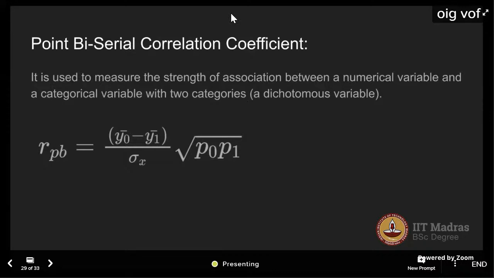Okay, take an example on this point biserial correlation. Suppose I have two car factories, factory A and factory B, and the mileage of the cars they produce, let's say something like that.